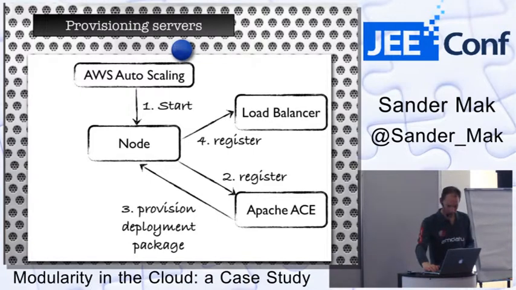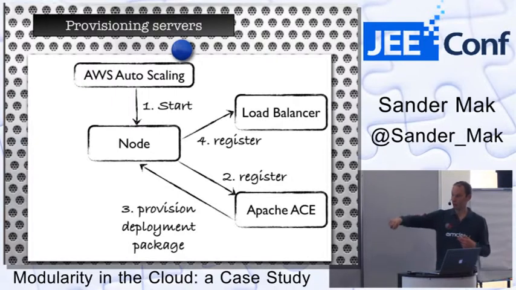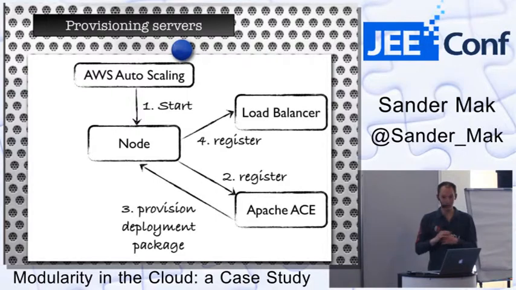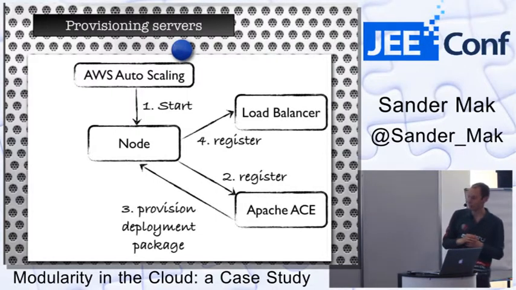So how does it work? Well, like we saw, Amazon Autoscaling takes care of starting and stopping nodes. A node is just a Linux image containing a clean Java JDK, and it contains a clean, empty OSGi runtime container with only one additional bundle, and that is the ACE management runtime agent. And this node comes up, and the OSGi container restarted, and this management agent says, hey, okay, I'm alive, I'm going to register myself with Apache ACE.